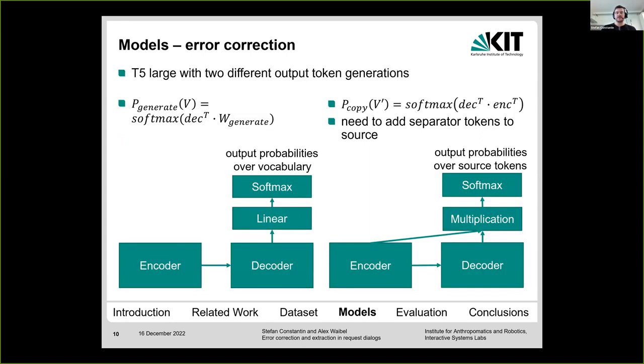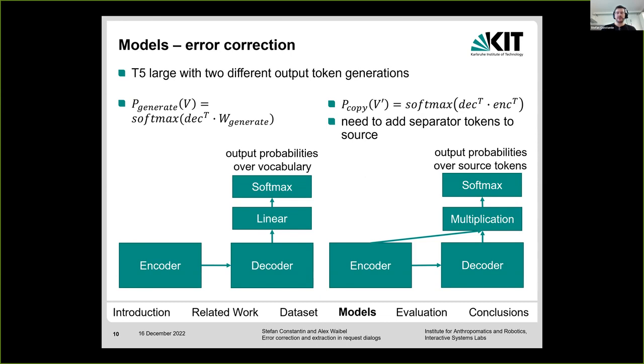The second and third approaches are sequence-to-sequence approaches that use the pre-trained transformer model T5 large. The output token generation differs. The second approach is the classic transformer approach, where the output tokens are in the vocabulary. To get the probability, the decoder output is fed into a linear layer and the softmax is applied.